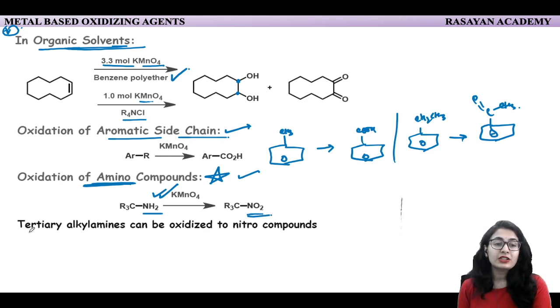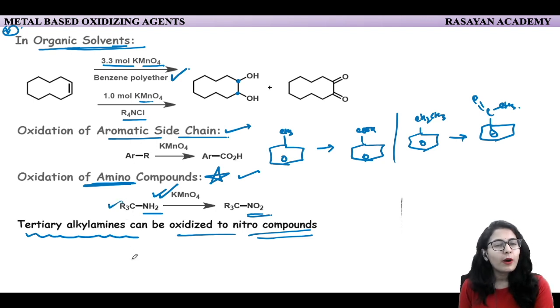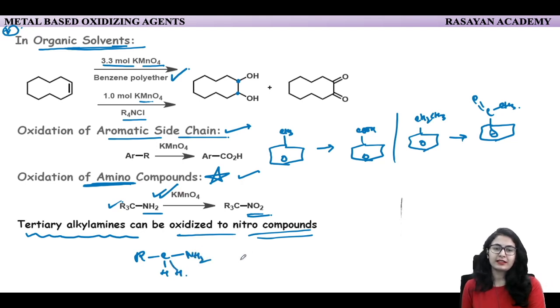Okay. Tertiary alkyl amines can be oxidized to nitro compounds directly, right? And this is the one, R3C. Why? Let's say अगर हमारे पास ये है, तो हम इसको क्यों नहीं ऑक्सीडाइज कर सकते हैं? Can we oxidize the carbon or the nitrogen? Like which one is going to oxidize?